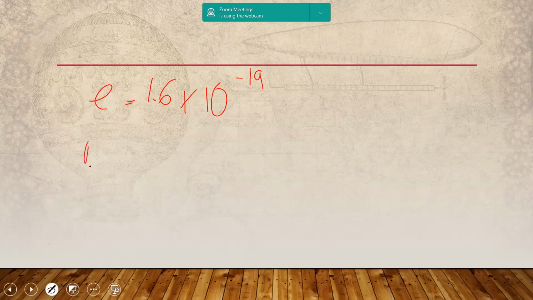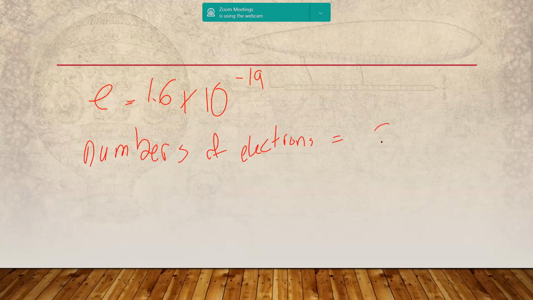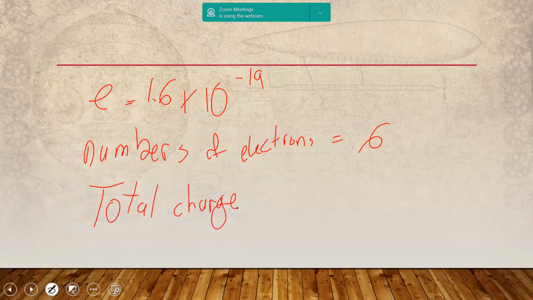Now, the number of electrons, as I told you, must be a whole number, like 6 as an example, 5, 4, and so on. So the total charge will be the number of electrons times the electron charge.